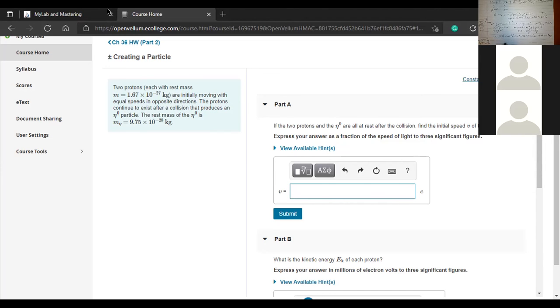And they're initially moving with equal speeds in opposite directions. The protons continue to exist after a collision, and that produces the eta zero particle. If the two protons and the eta zero are at rest after the collision, find the initial speeds of the protons. Okay, so do you think you know what's going on here?